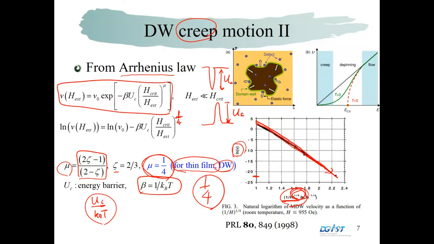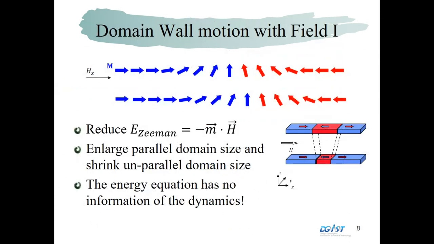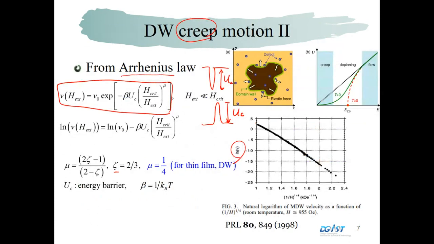So this domain creep motion is very important to understand the basic domain motion, and in many experiments we can obtain such a velocity in the creep motion. This creep motion is not that familiar to students, but just remember that many things can happen by this creep motion in a small field.